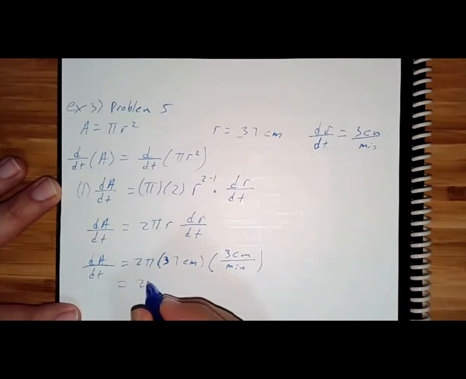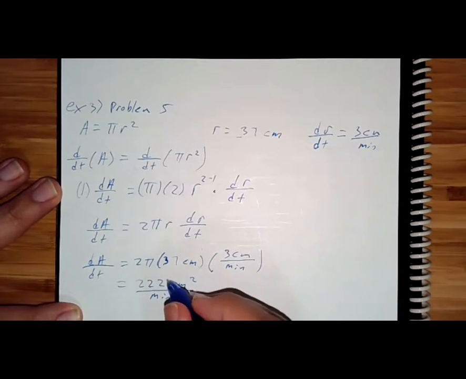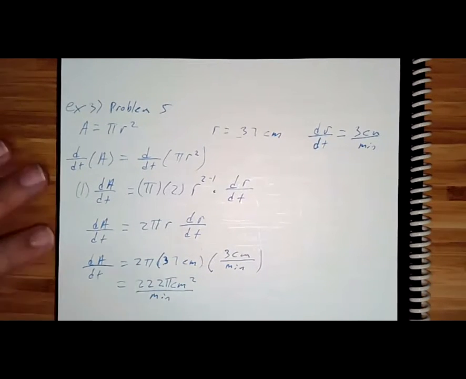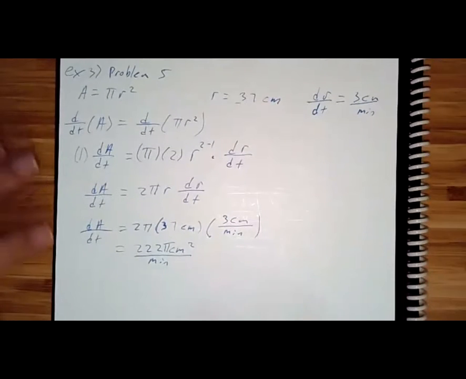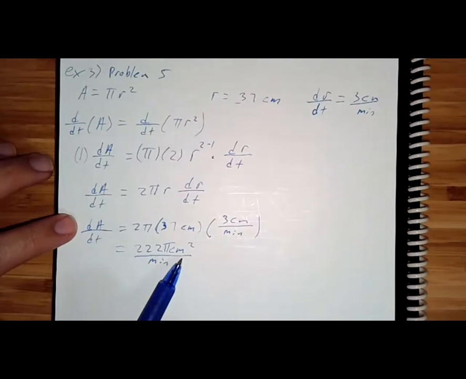So this would be 222 centimeters times centimeters, which is centimeters squared per minute. Oops, I forgot my pi. 222 pi. And since it's a change in area, it should be centimeters squared per minute.